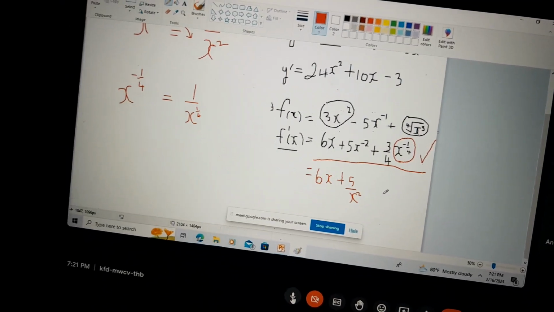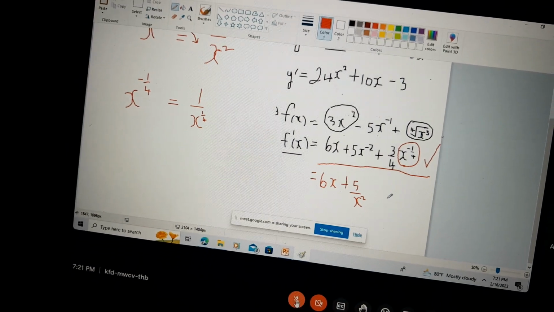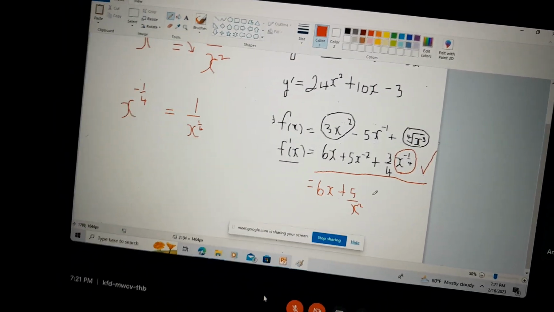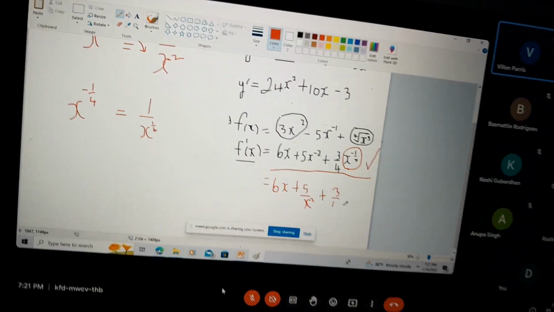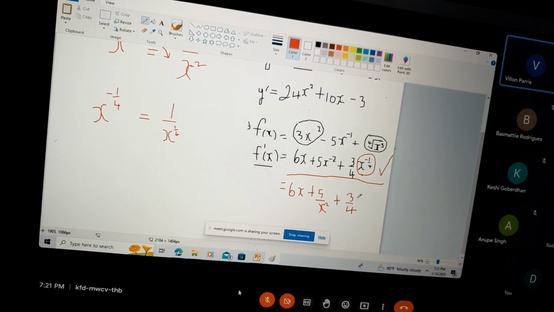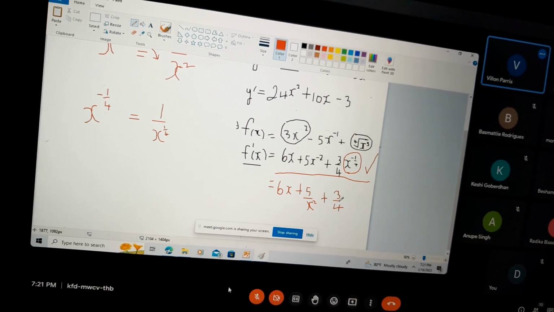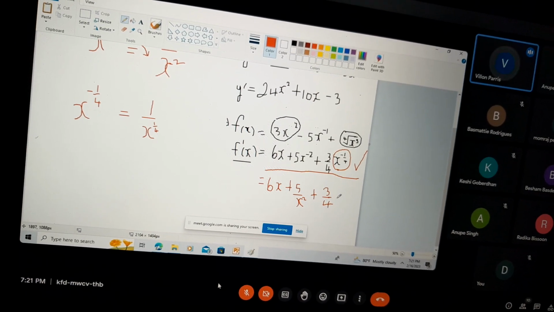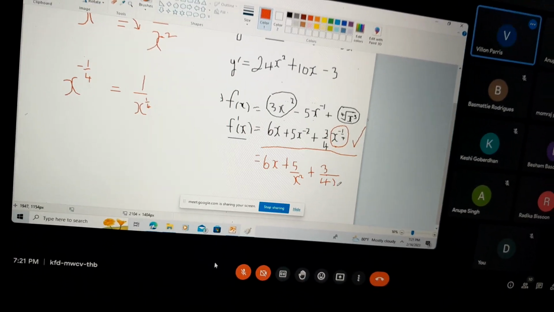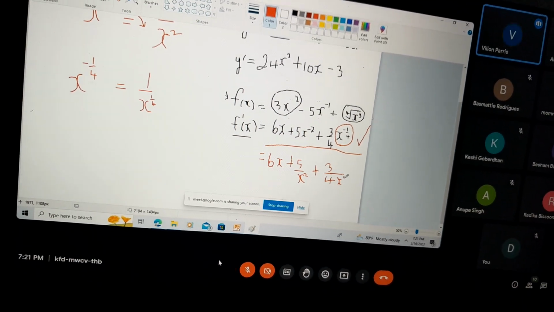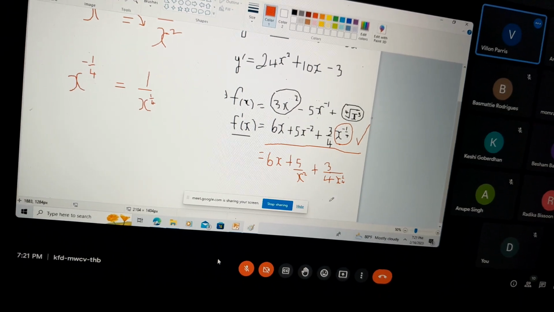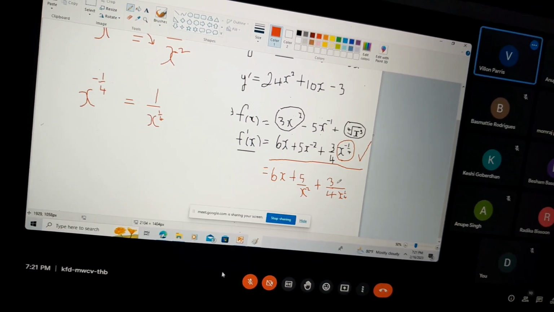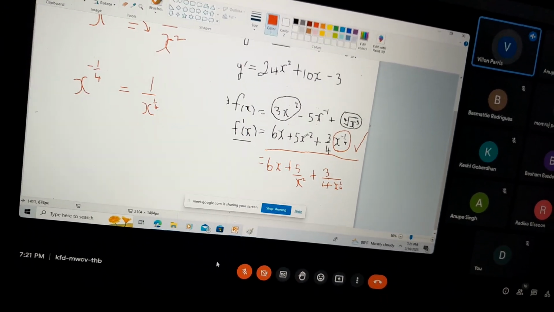Very good. So that's basically all in the C. And this one here, it will be 3/4 of this. The x to the quarter will come at the bottom now, because it would have been 1 over x to the quarter.